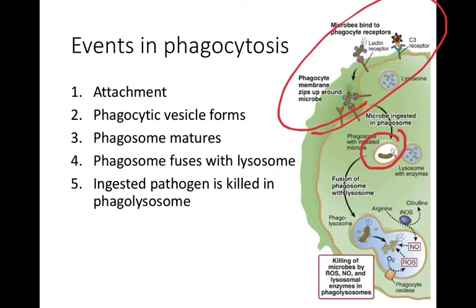Also, we will find at this point then the fusion of a phagosome with a lysosome to form what we call the phagolysosome. And during this fusion, not only do we find a drop in pH, but we also begin to find the production of nitric oxide and other reactive oxygen species.